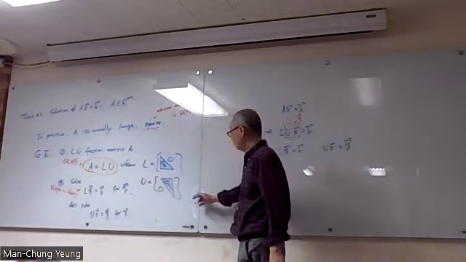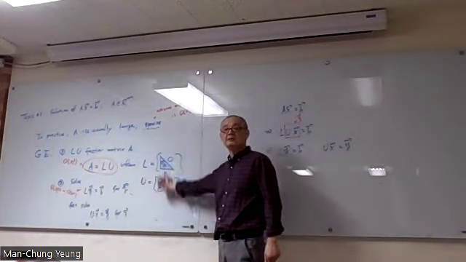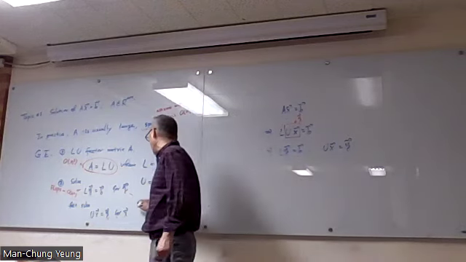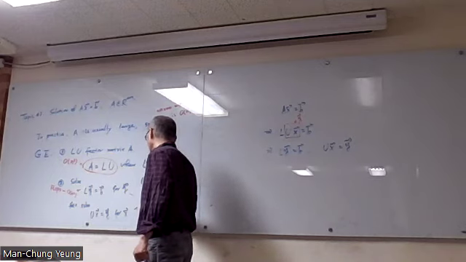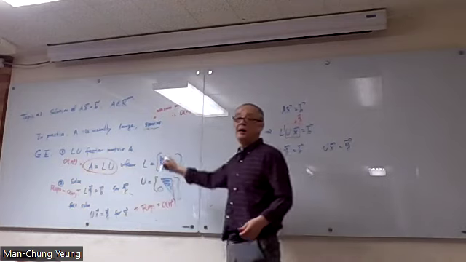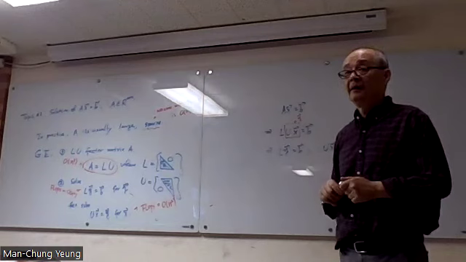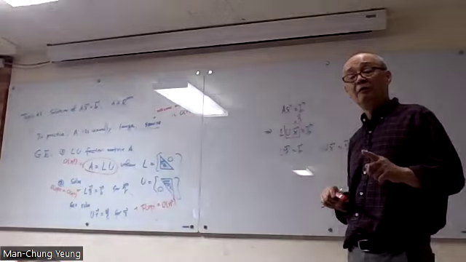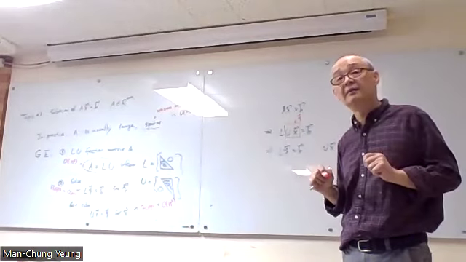U is an upper triangular matrix, so we use backward substitution to get x. The floating point operations are again order n squared. This is Gaussian elimination. Gaussian elimination works well for a dense matrix.